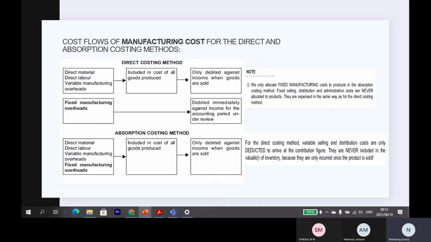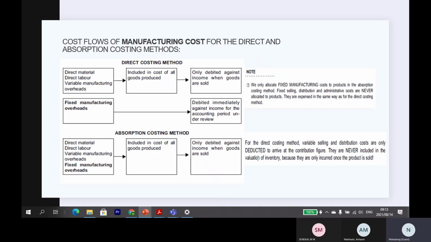And thereafter, you only debit against it when the goods are sold, meaning you take it into account from your sales. Once you have sold those products, that's when you say sales less. When they say debit, they're saying that you offset it against your sales, and you'll get your marginal, which is your contribution.